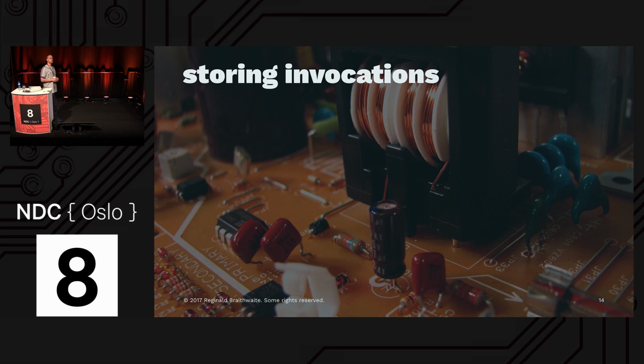What could we do if we could save invocations? And again, not methods, but the invocations of methods. We could put them in a variable. What kinds of variables do we have? We have simple variables. We have maps. We have queues. We have arrays. We have properties of other objects.